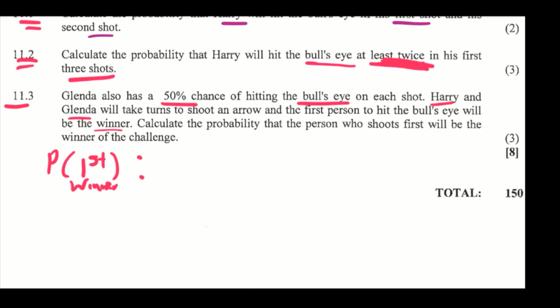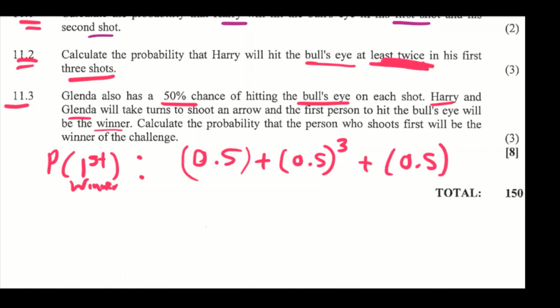We're going to find the probability that the person who shoots first is the winner by first identifying that the probability of hitting the bullseye is this one here, plus the probability of hitting the bullseye is going to be 0.5 to the power of 3, plus the probability of hitting the bullseye is going to be to the power of 5, right?